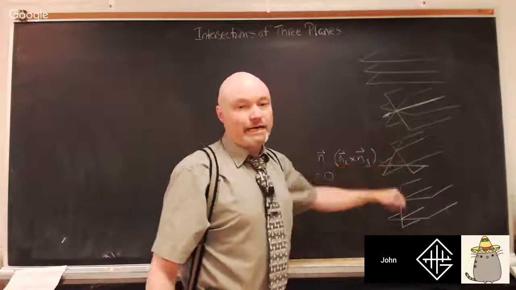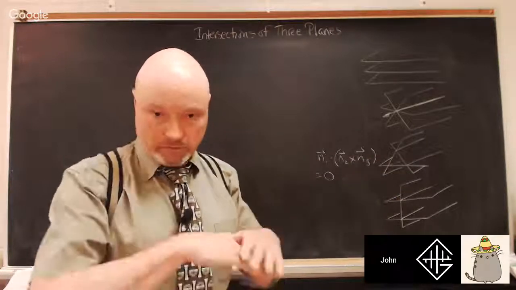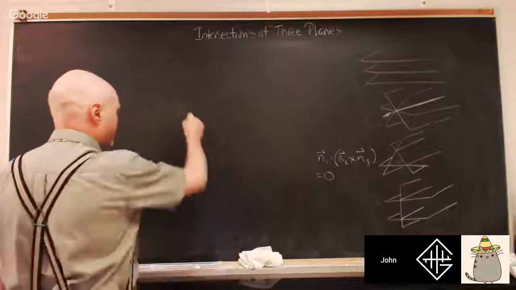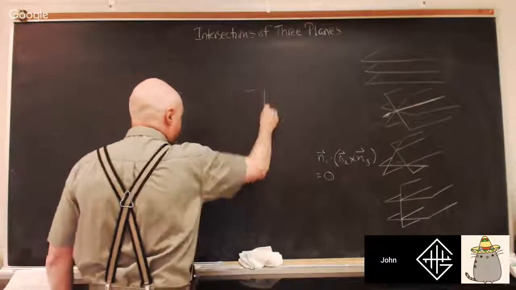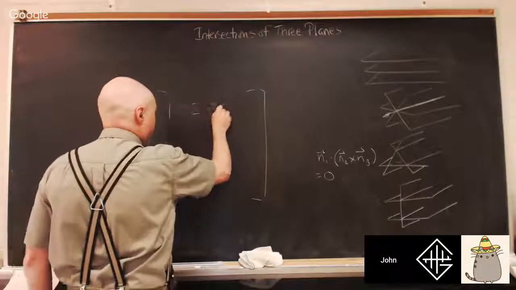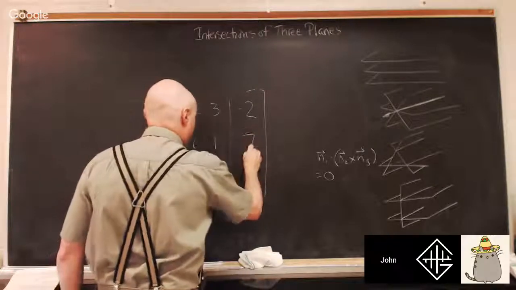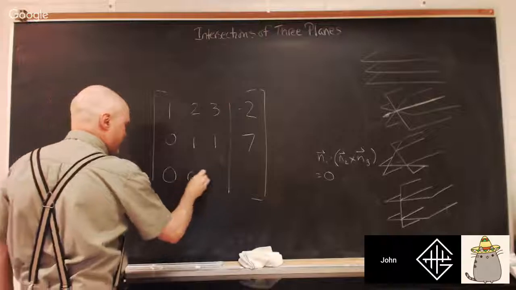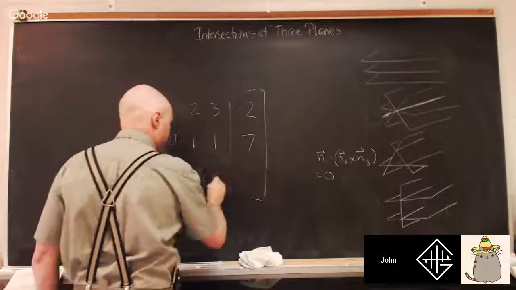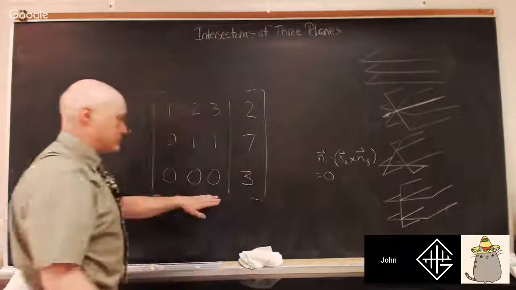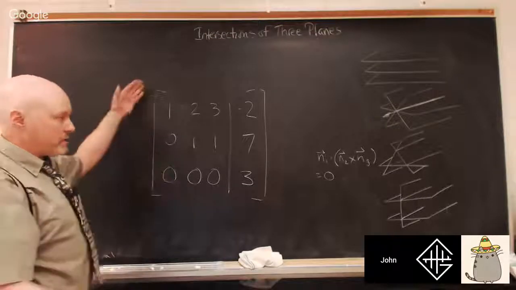The way I'm going to detect this is when I'm reducing my matrix. So once again, this is going to be one of those cases where I get down to here. So I reduce my matrix.